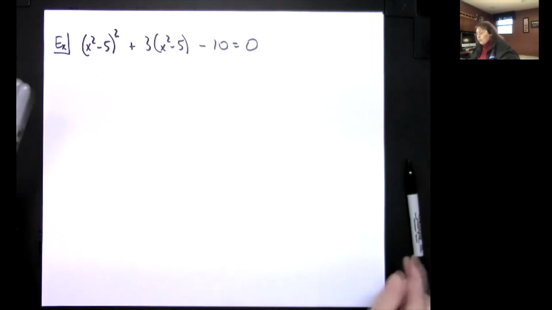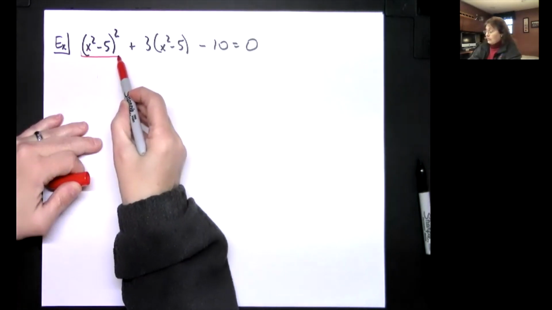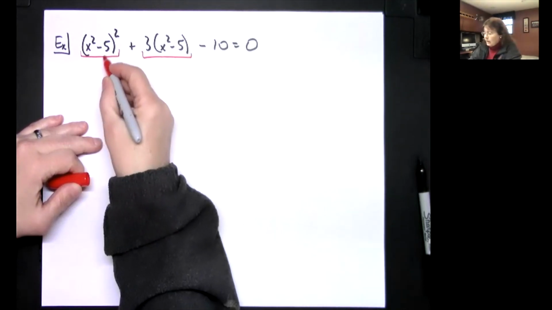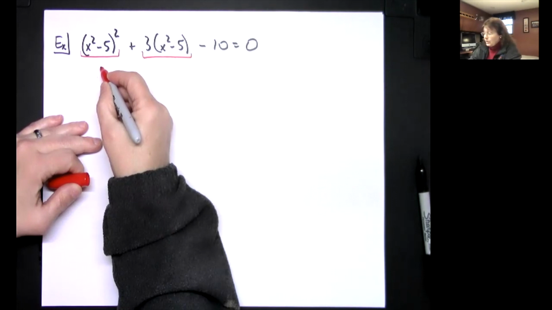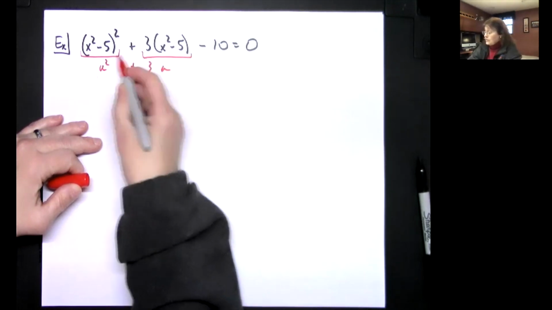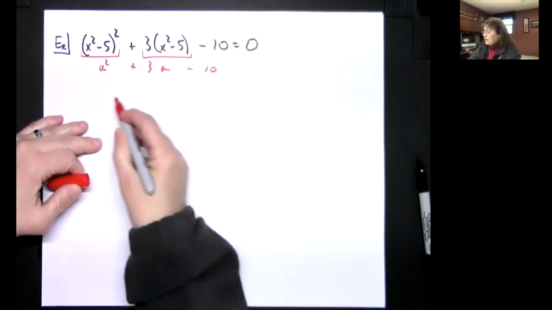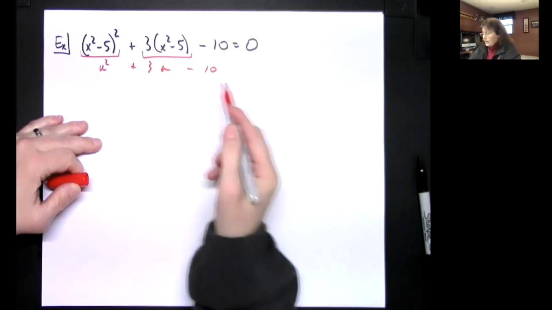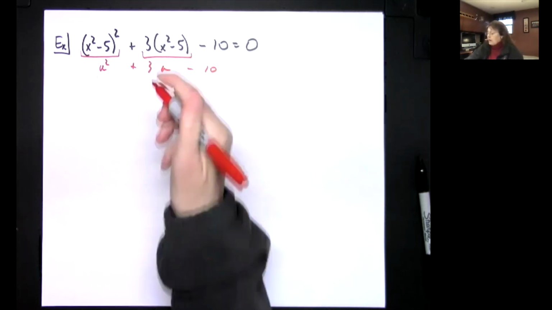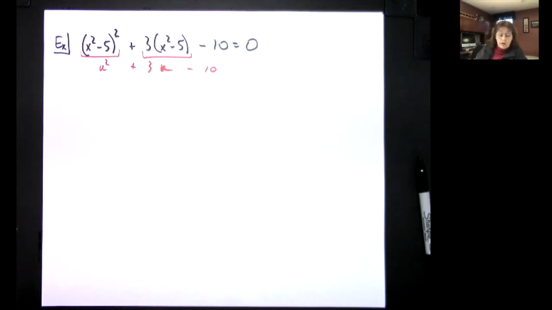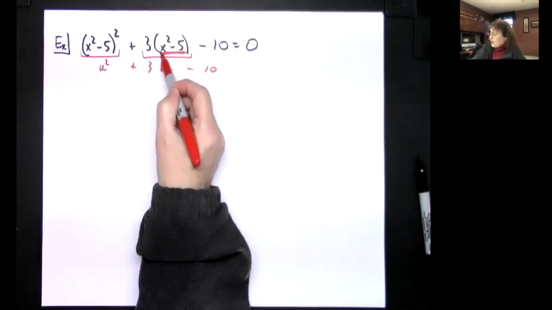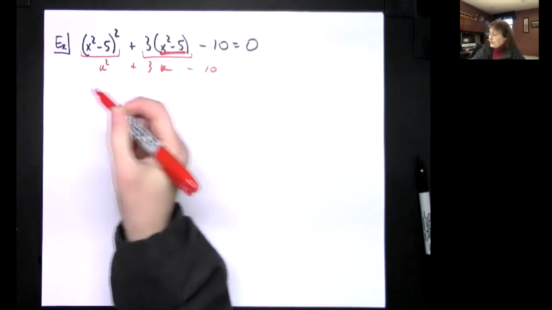Hopefully you're seeing, when I look at this, I kind of see quadratic form right here. I don't want to use an x here, but I've got a u squared. I've got a 3u because it's the exact same thing there, and then I've got a minus 10. So I see that quadratic right there because this and this match. Since I did this in terms of u, that tells me what I let u be. My u is going to be this x squared minus 5, and it definitely is in quadratic form.